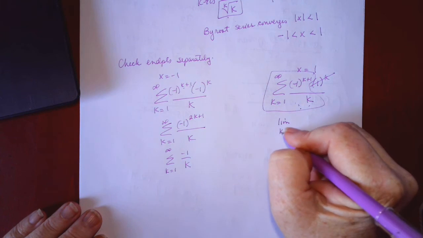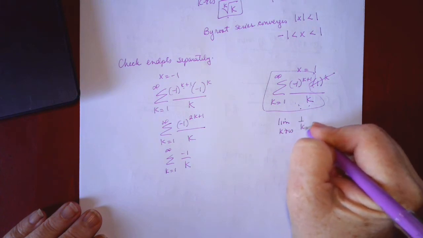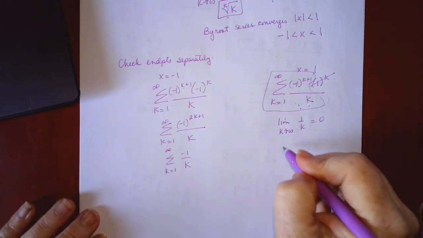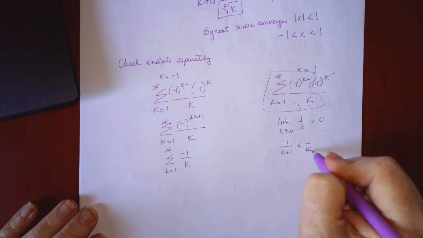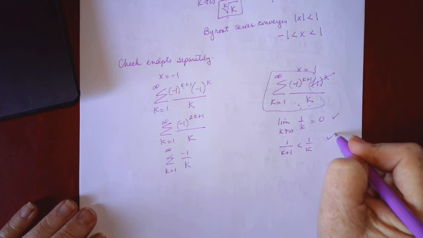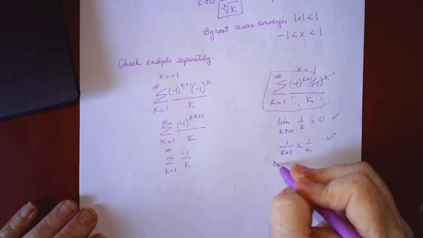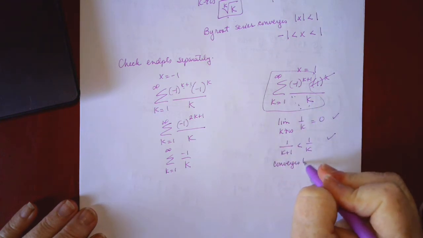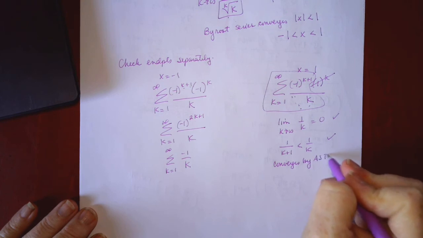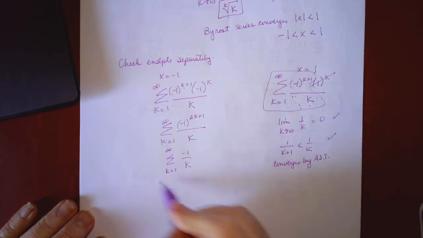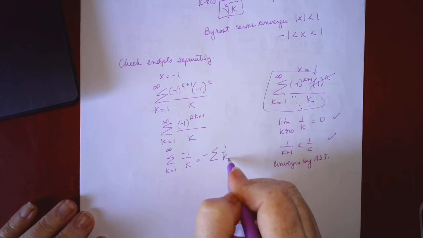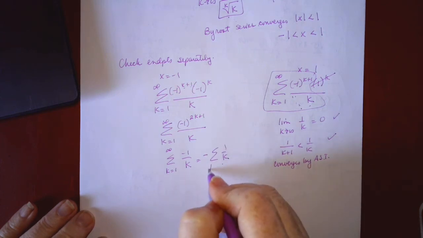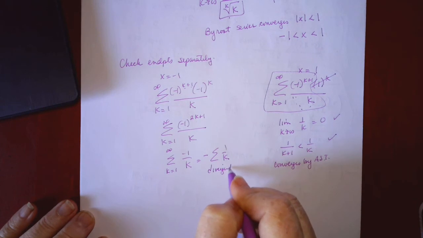The limit as k approaches infinity of 1 over k equals 0, and 1 over k plus 1 is less than 1 over k. So by both of these things, this series converges by the alternating series test. This is just the negative of the harmonic series, so that is a divergent p-series.